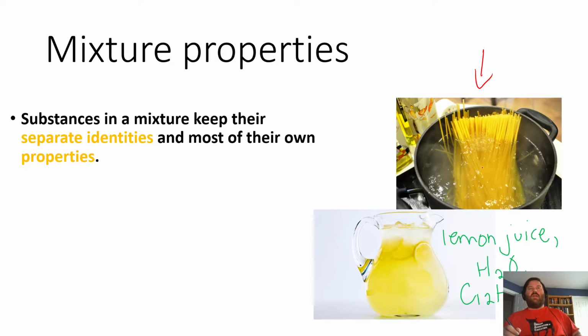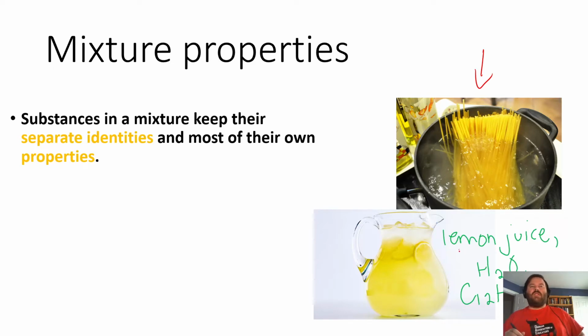But if you were to separate the salt out of this, it would still taste like salt. This mixture would taste salty. The water would still be wet and boil at the same temperature, etc. And if you took one of those noodles out and ate it, it would taste like raw pasta, right? These did not change just because you put them together in a mixture.